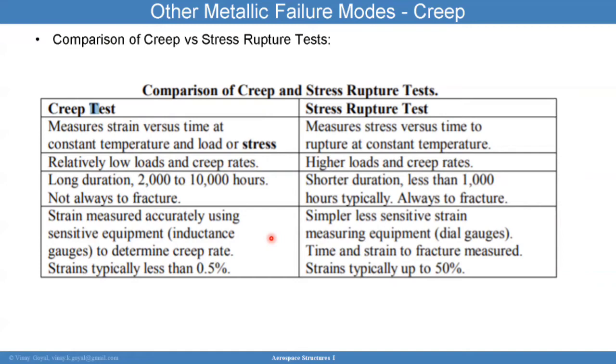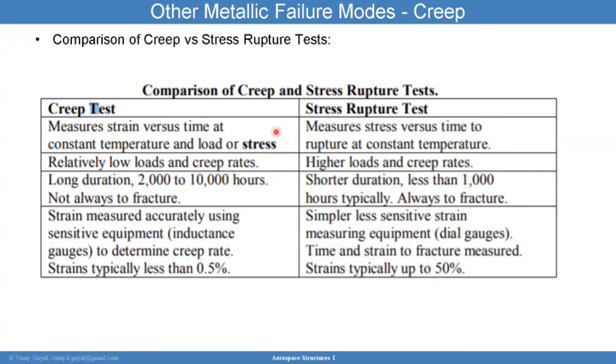The creep test can be longer duration because you have lower loads. So you're looking at 2,000 hours to 10,000 hours, and it doesn't always fracture. For the stress rupture testing, the testing tends to be shorter duration, less than 1,000 hours, and it always results in a fracture if designed properly.